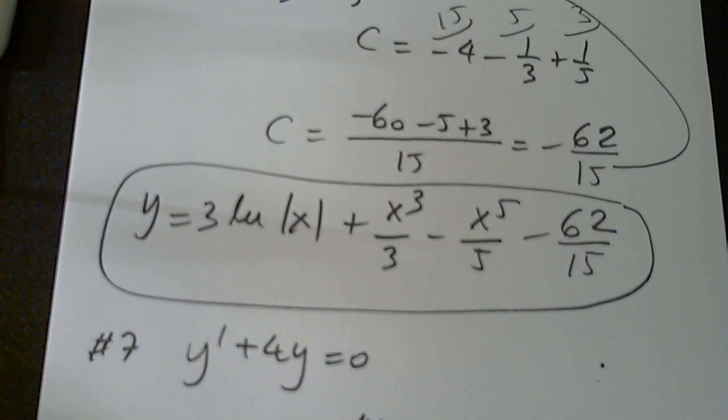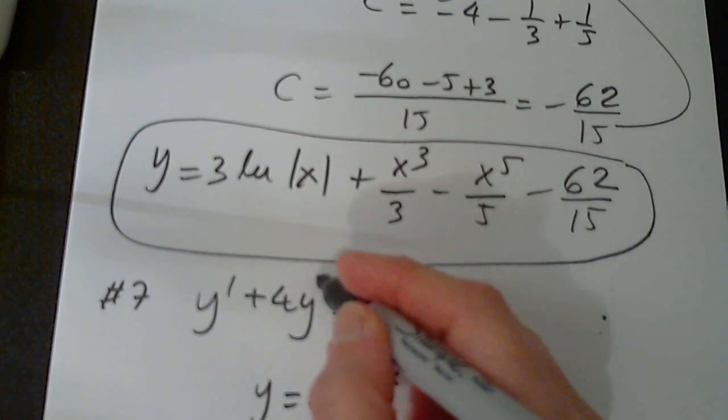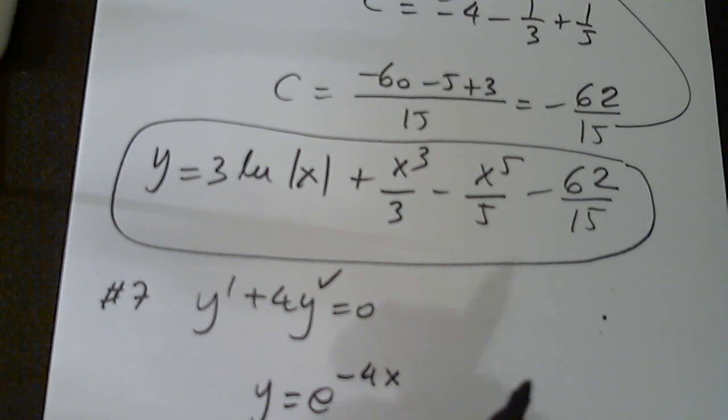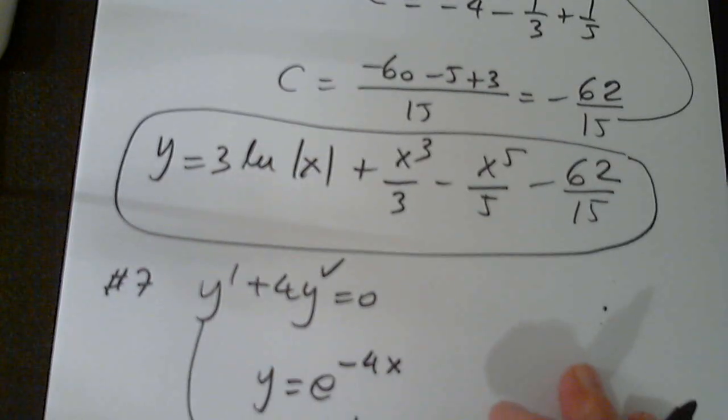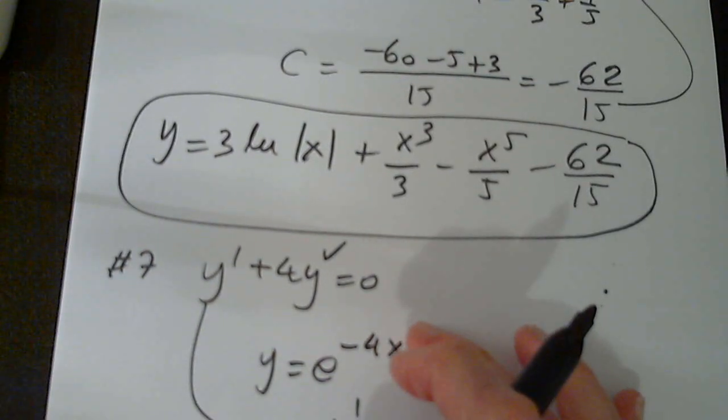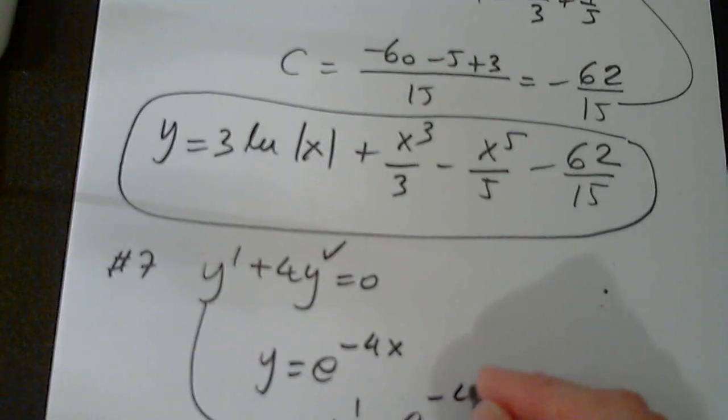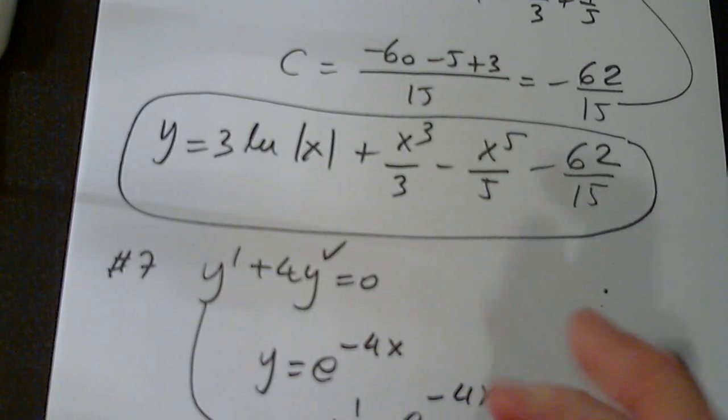Okay, so all I have, it's e to -4x, but I do not have the derivative. So I have to find the derivative. E to a function prime is e to that function times the inner function prime.